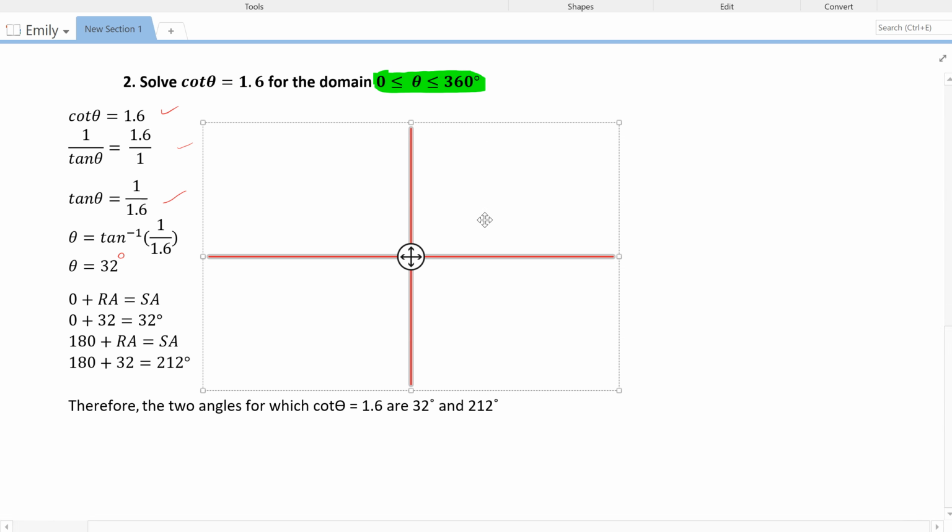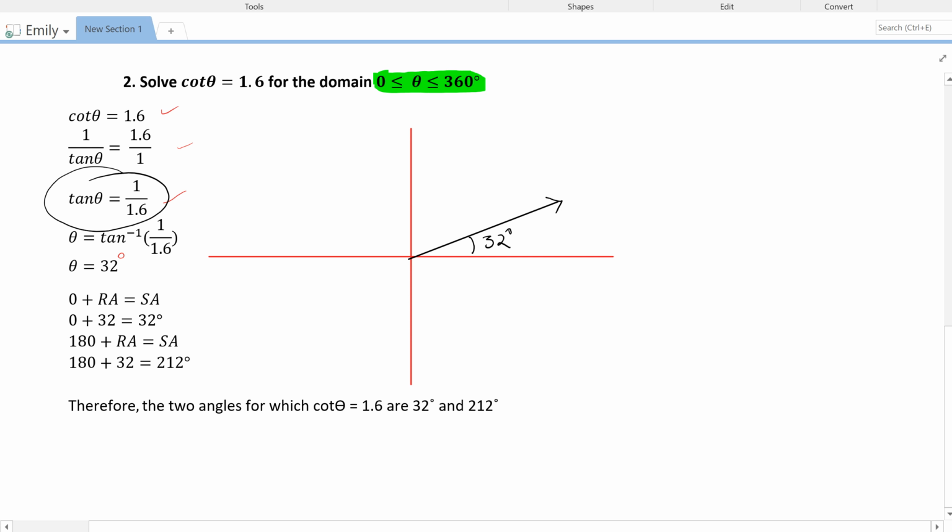And we know that's 32 degrees, and 32 degrees is in the first quadrant, which is going to be somewhere here. Now we're talking about tangent, and tangent is positive in the first quadrant and also in the third.